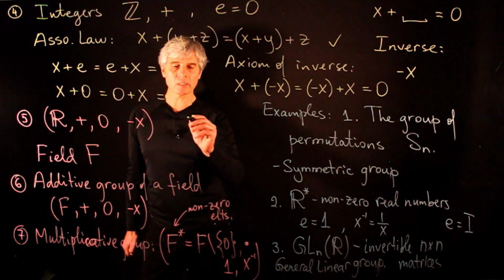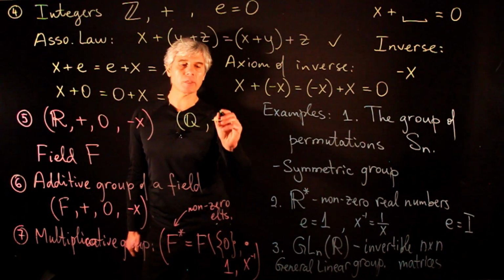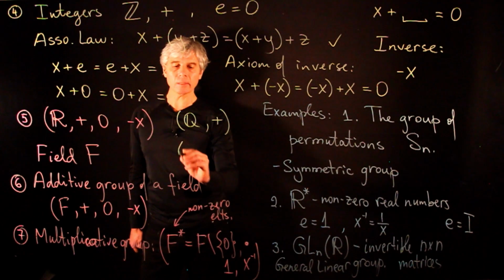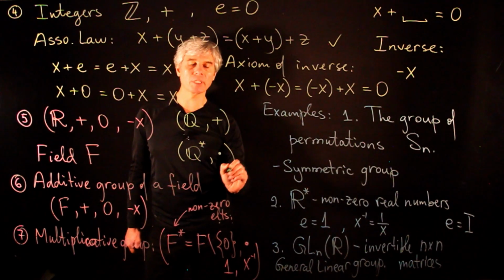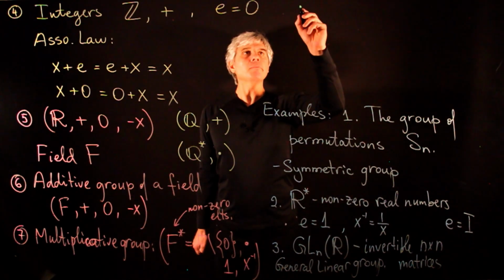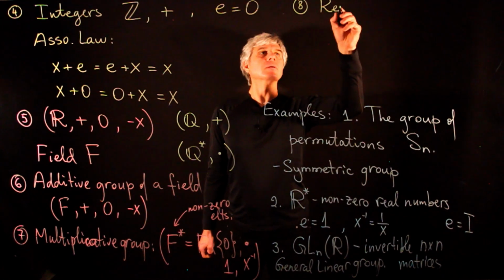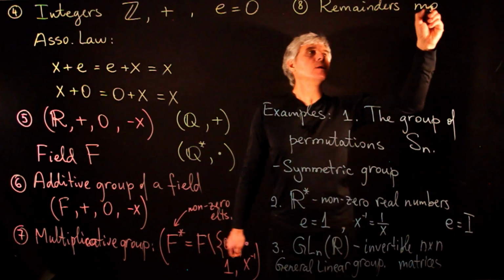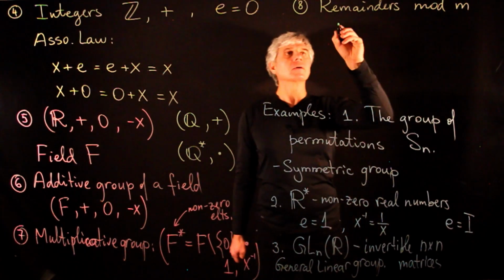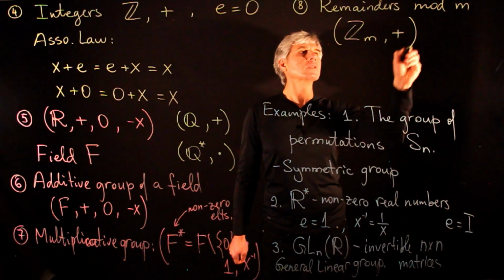As special cases, we get the set of rational numbers with respect to addition and the set of non-zero rational numbers with respect to multiplication. We get more examples of groups if we consider remainders mod m. And so here we have the set Zm with respect to addition.